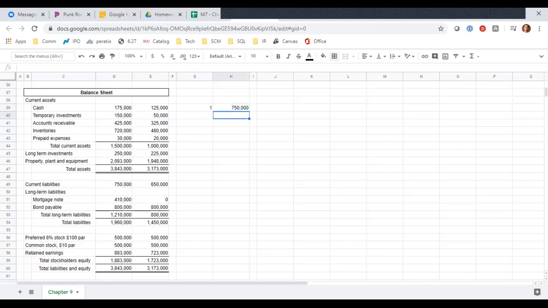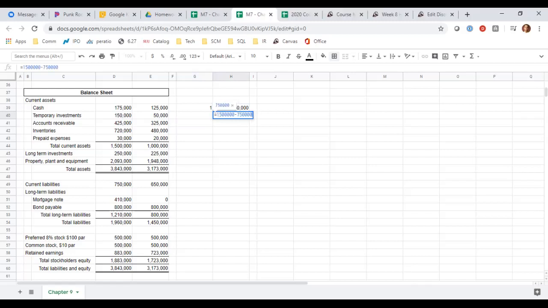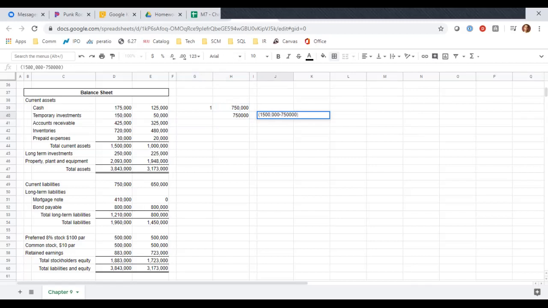Okay, if for that same problem you typed in numbers like 1500123 minus 750123, if you do something like that, you will get it wrong.